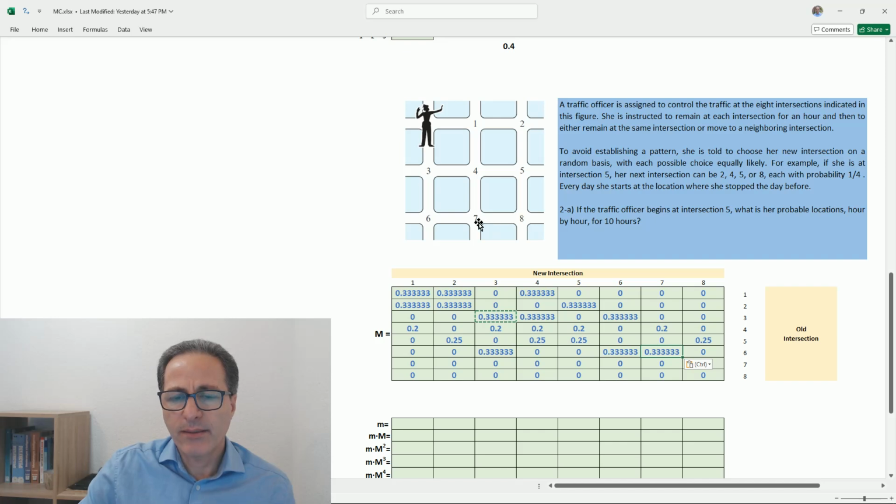If she's at 7, again we have 1, 2, 3, this time we have 4. So these are 1/4. From 7 to 4, 1/4. 7 to 6, 1/4. 7 to 7 and 7 to 8, also 1/4.